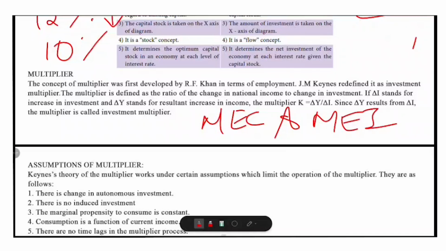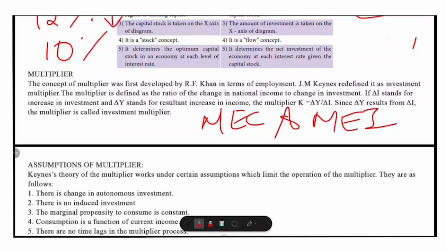So the differences between marginal efficiency of capital and marginal efficiency of investment are: first, the expected rate of return from an additional unit of capital is calculated in MEC, and the expected rate of return from additional investment over time is calculated using MEI. Then what about the focus?